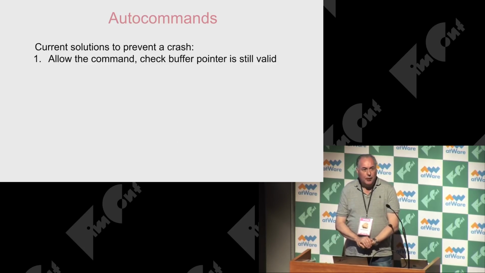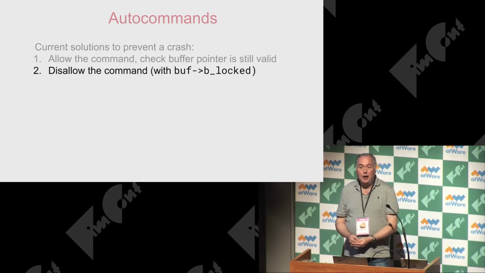So what are the ways we use to avoid problems with auto commands? Well, first of all, just check if a pointer is still valid. So in the source code, there's actually a function that says, is this pointer actually a valid buffer pointer? And so you can check if the pointer is still valid.